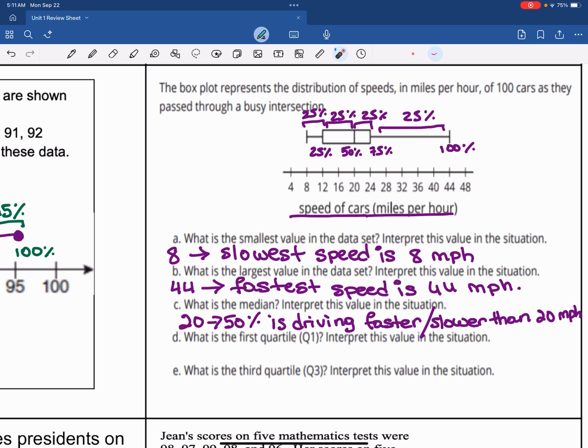If I wanted to make an interpretation using the right side of Q1, I can say 75% of the cars are driving faster than 12 miles per hour. And that makes sense, because if we look at the right side of Q1, we have 25% plus 25% plus another 25%, that equals 75. So you can always make two interpretations for the quartiles.